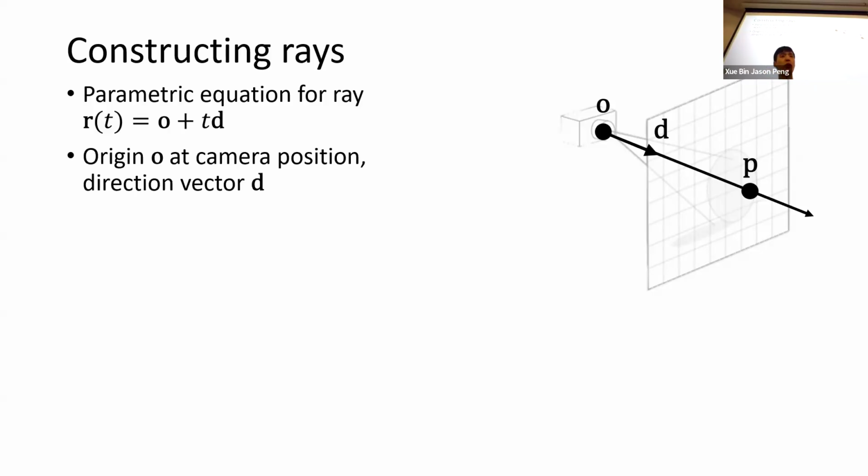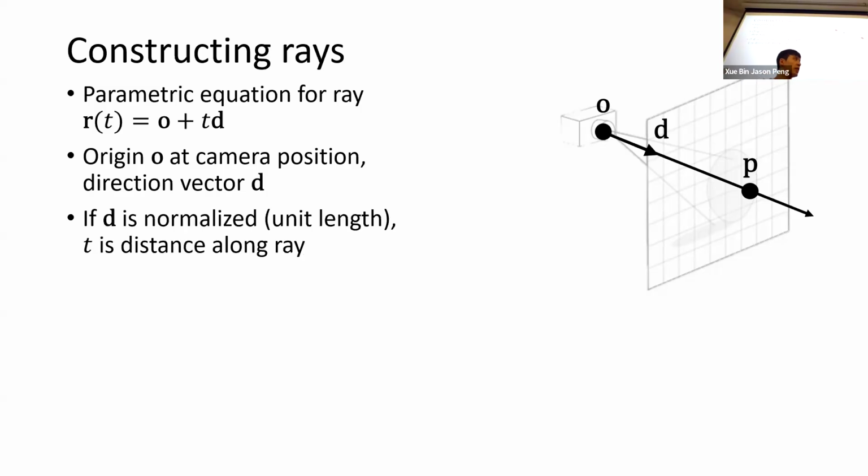To construct this parametric equation of the ray, we just need to determine the variables O and D. The origin is simple. That is just given by the position of the camera. But D is a little bit trickier to determine. To determine D, we have to figure out a unit vector that points along the direction that the ray is traveling in. To determine this direction vector, we are going to look at two different points: the origin of the camera and the position of the pixel P that the ray passes through.